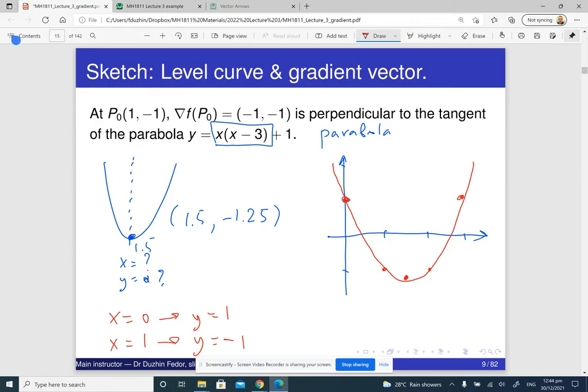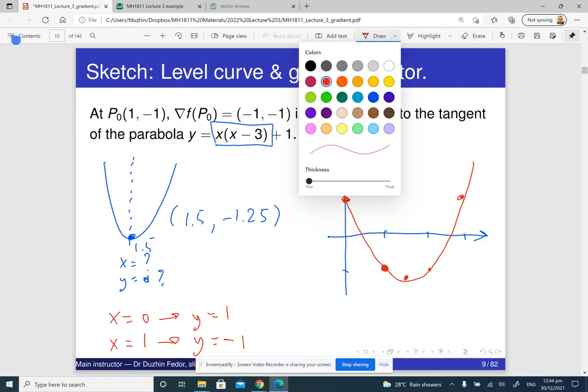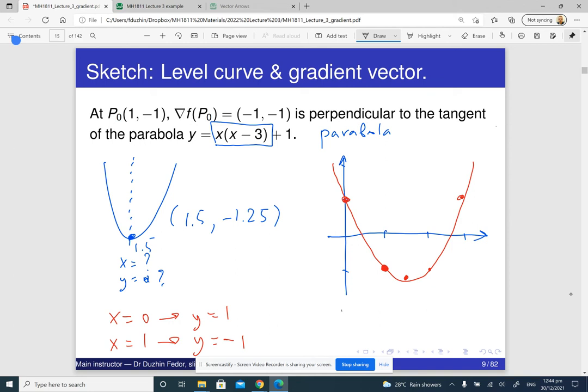So here is the sketch, and the remaining thing is to plot the gradient vector. The gradient vector at the point 1, negative 1. So it is this point. Let me change the color again. Now, the gradient vector is perpendicular, so it should be on this line. But in which direction it points and what is its magnitude, we need to figure out.